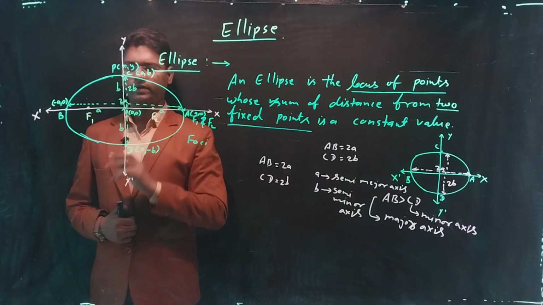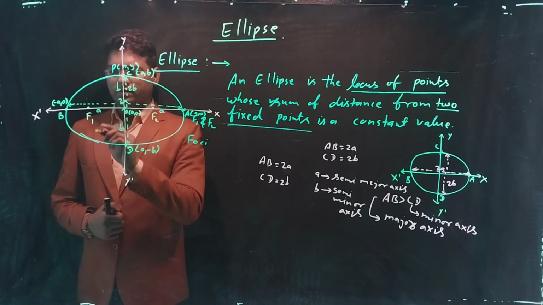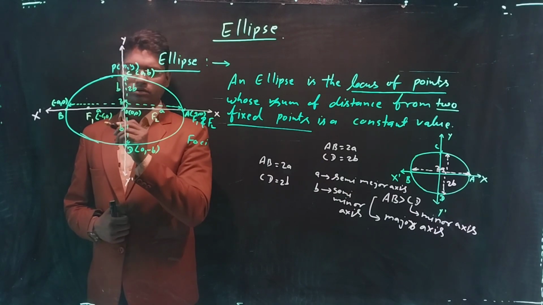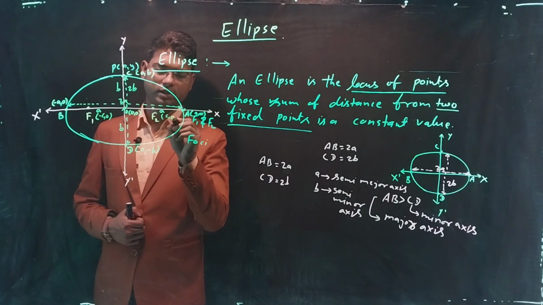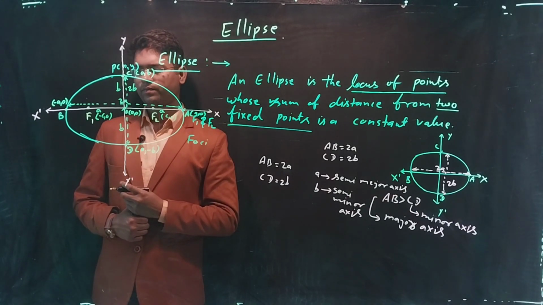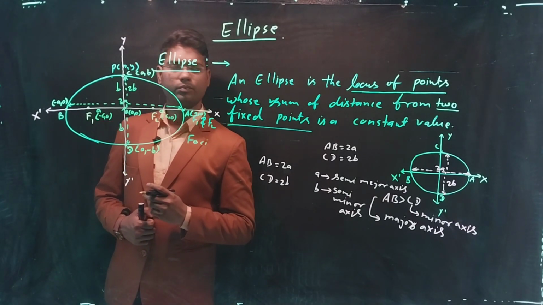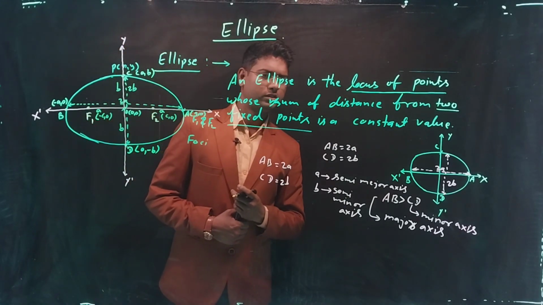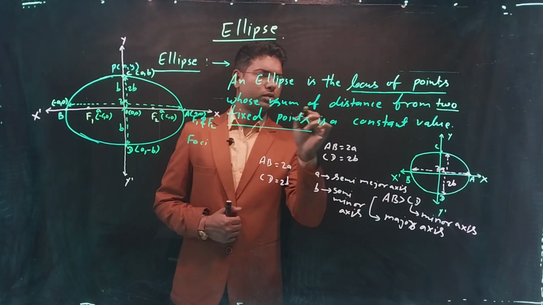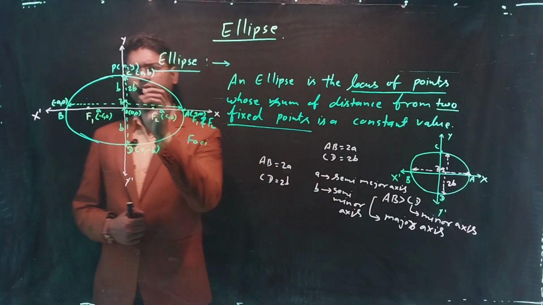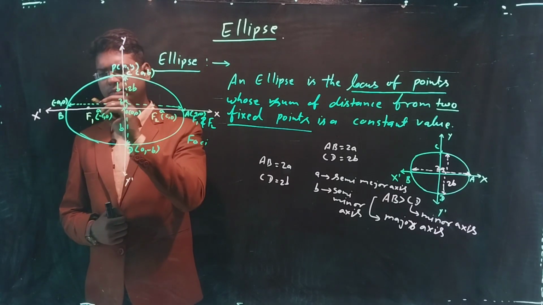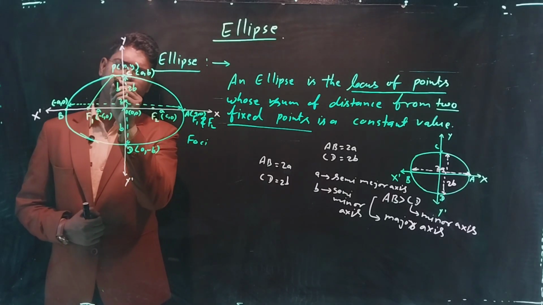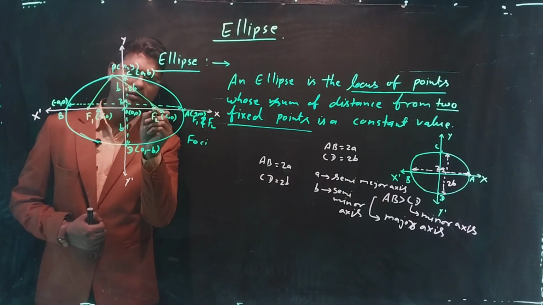And the coordinates of F1 and F2: let's consider the coordinate of F1 is minus c, 0, and the coordinate of F2 is c, 0. Now, from the definition of ellipse, if we join point P with F1 and P with F2, then what will be the sum of distances?